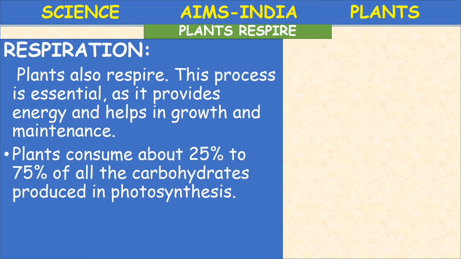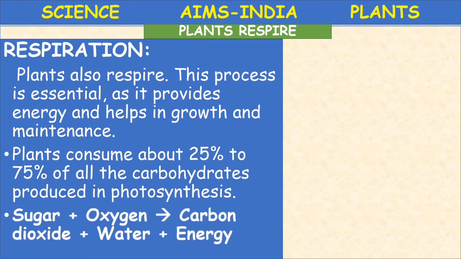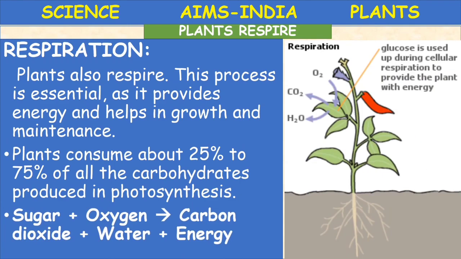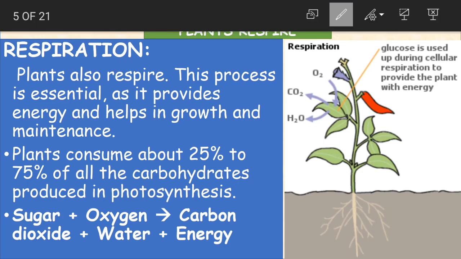In the same way, plants also respire, and this process is essential as it provides energy and helps in growth and maintenance. This respiration process is very important for the plant to grow and maintain its life.